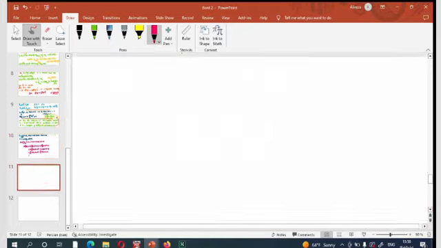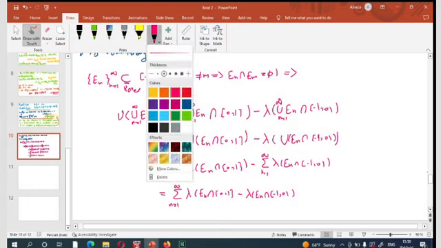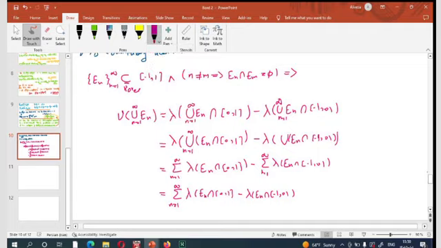And this is equal to this summation minus this. N from 1 up to the infinity, lambda of this.